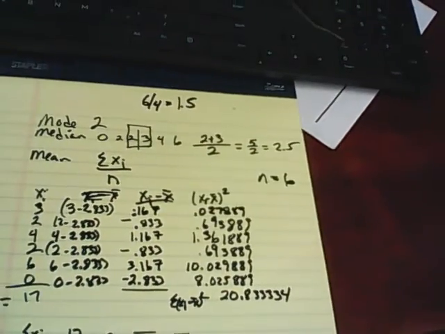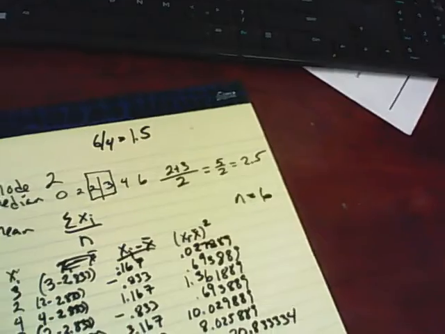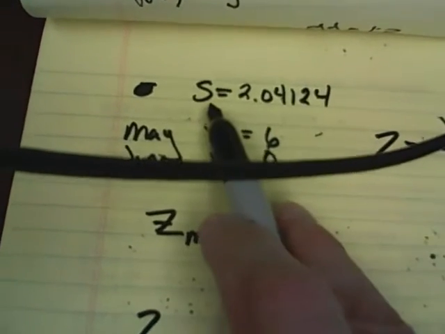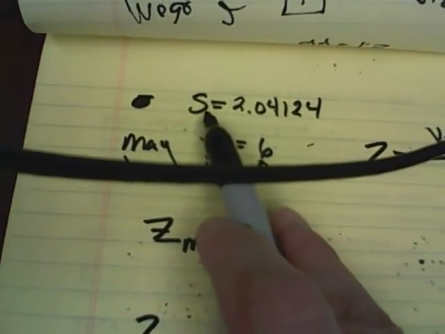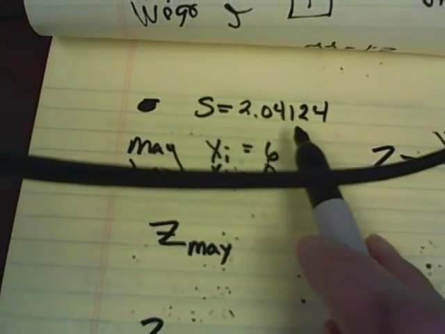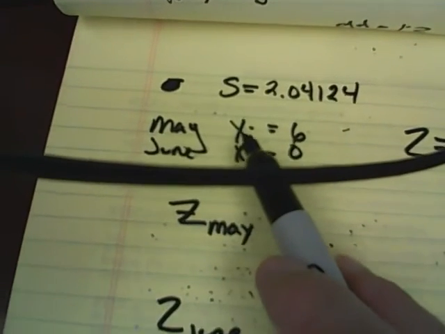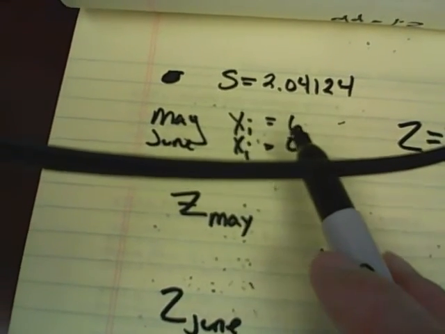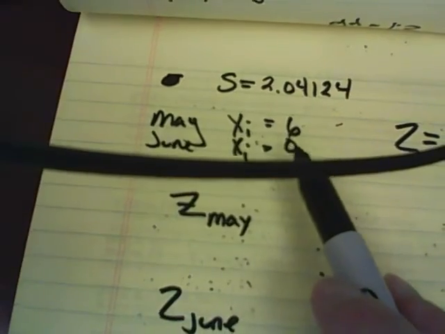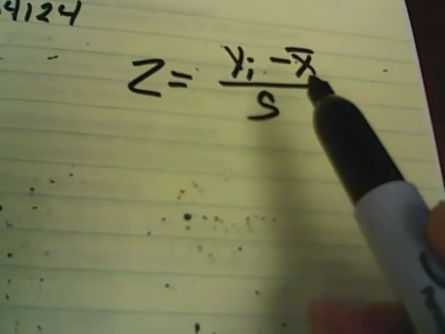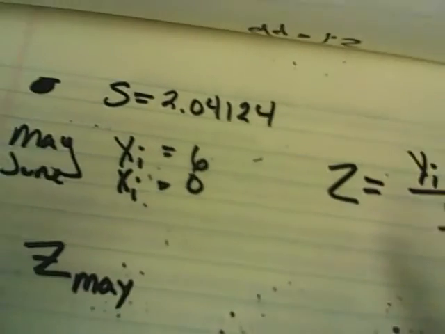Part D, we want the z value for May and June. All right, carrying information over here, our standard deviation from the data was 2.04124. I just took that from the last sheet that I had and carried it over. The May and the June observations are here. May was 6, June was 0. And here is the formula for calculating a z-score, x sub i minus x bar over the standard deviation.